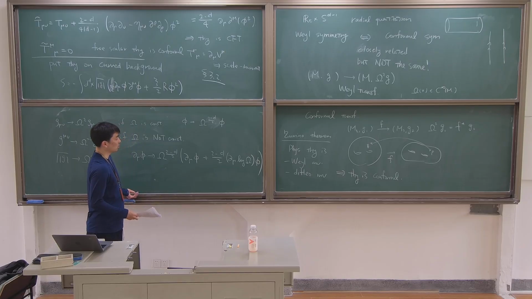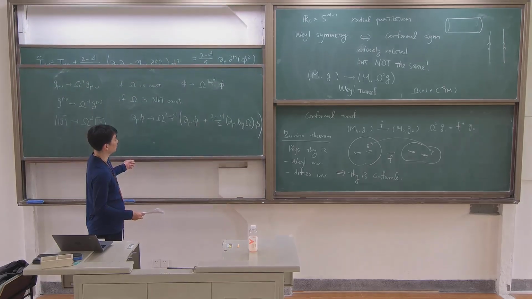So that's the transformation rule when omega is not constant.